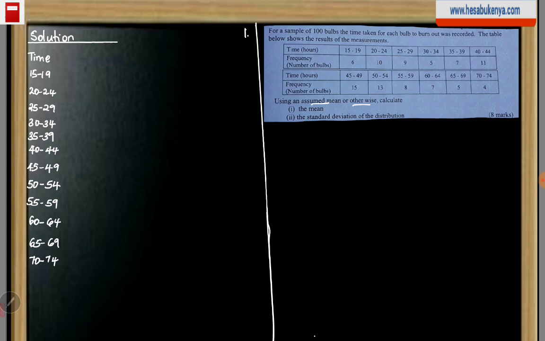Then we have another column that represents the frequency.